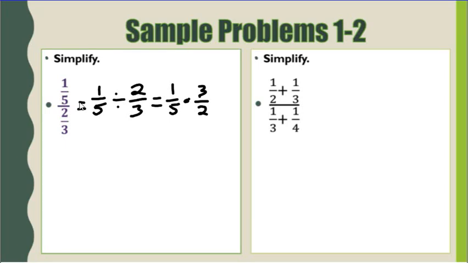When I'm dividing by a fraction, I'm multiplying by the reciprocal, so this would be 3/10. I can show you again if I just multiply this side by the reciprocal, 3/2, and do the same thing up here, you would still get your 3/10 over 1, which is just 3/10.